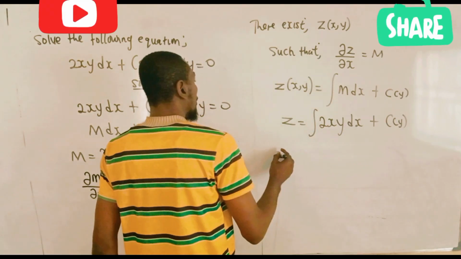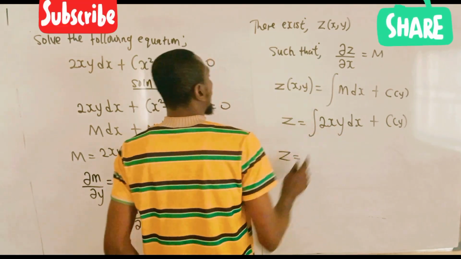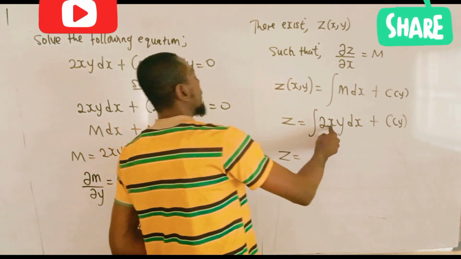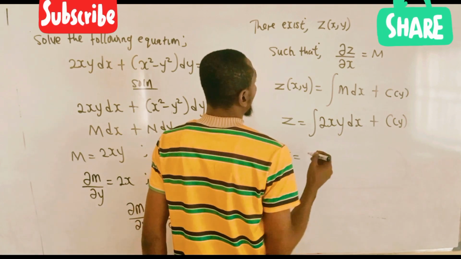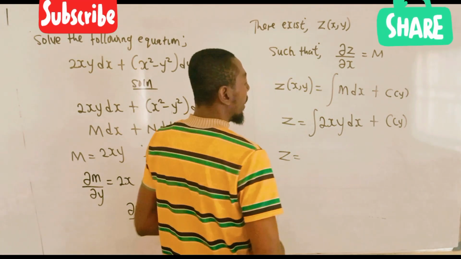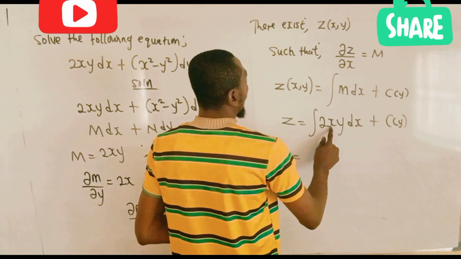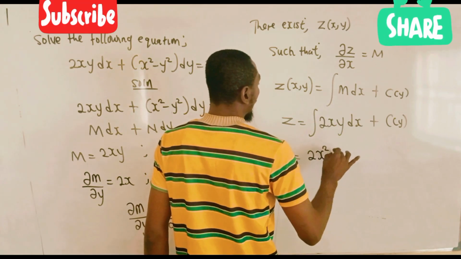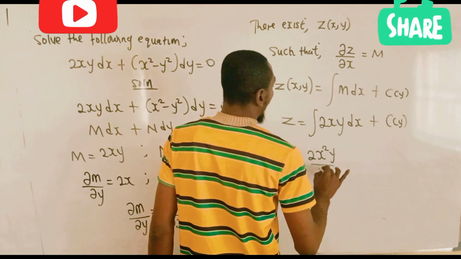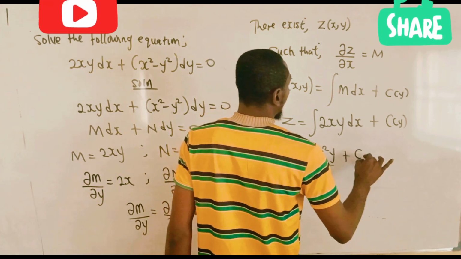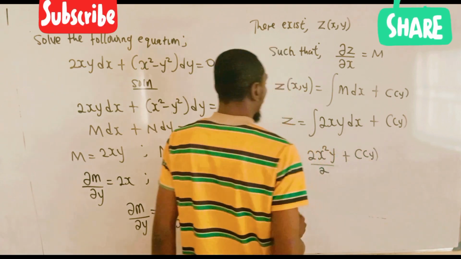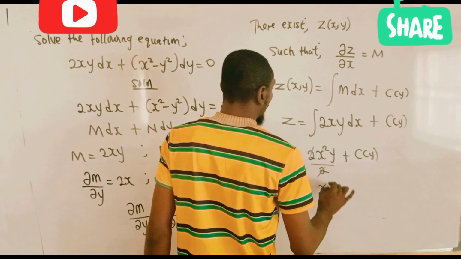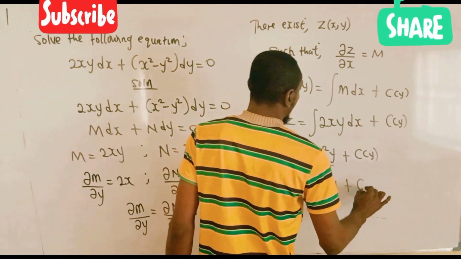Integrating 2xy with respect to x alone gives us 2x squared y, and bringing down the power over 2, z is equal to x squared y plus c of y.